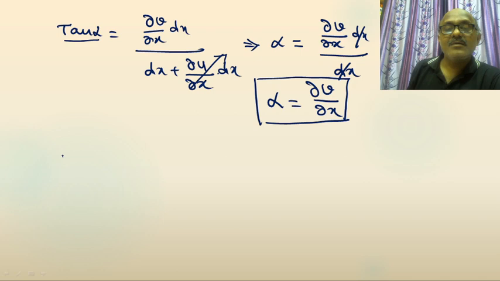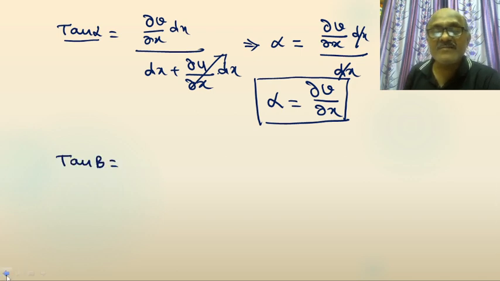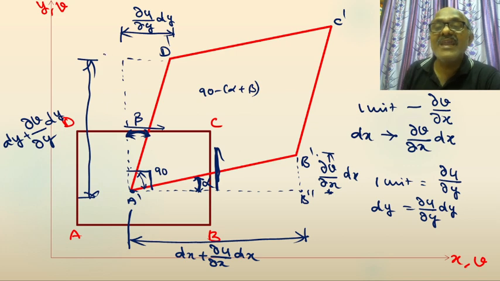Similarly, tan beta is equal to, all of you see, my dear students, this is d double dash. From this triangle a dash, d double dash, d dash, this is the opposite side, that is ∂u/∂y into dy. So this is the adjacent side.